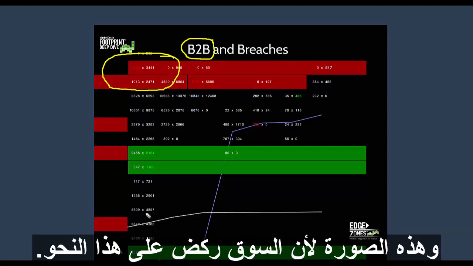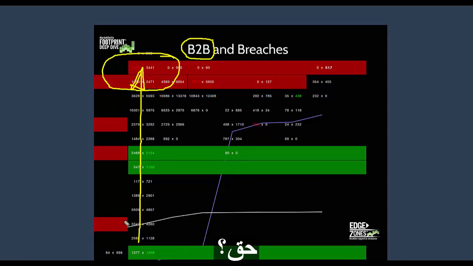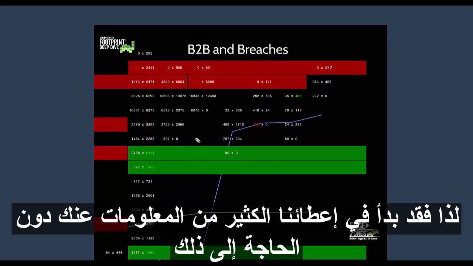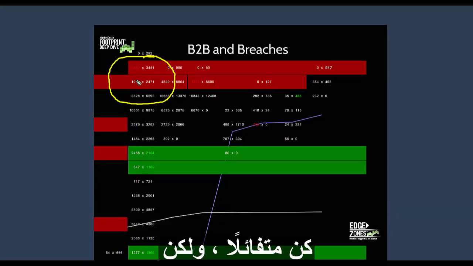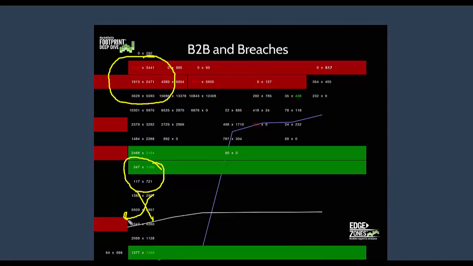In this case, in this image, because the market ran up like that, it's bearish to bullish at some point, right? And it starts breaching these resistance areas, these edge zones. So it's starting to give us a lot of information of, you don't have to be bullish, but at some point early on, especially when it breaches this one down in here, you better be less bearish.